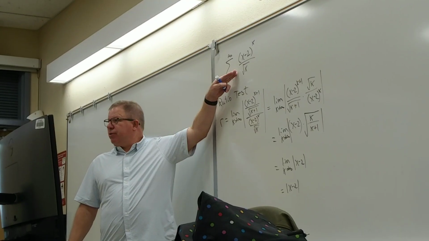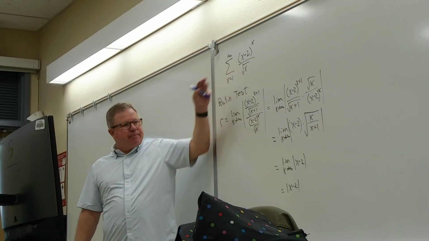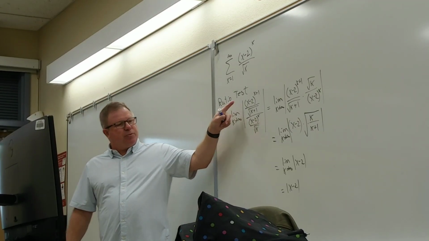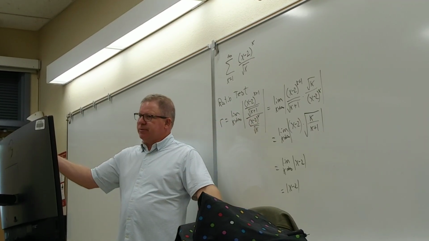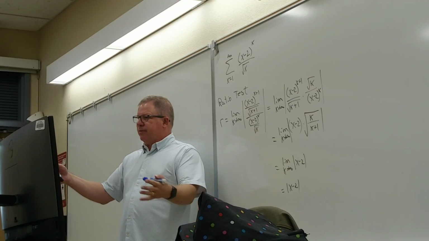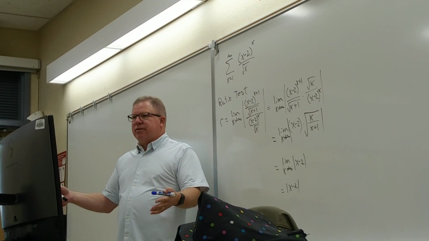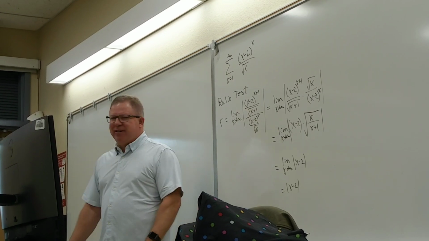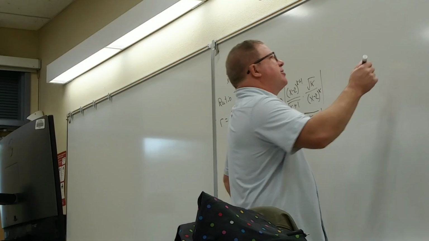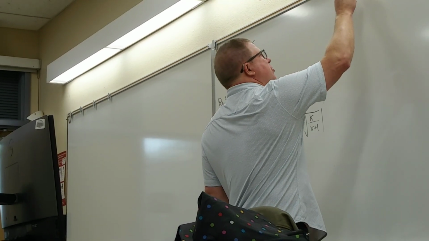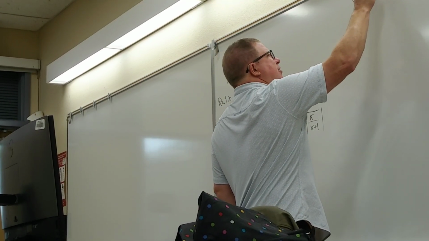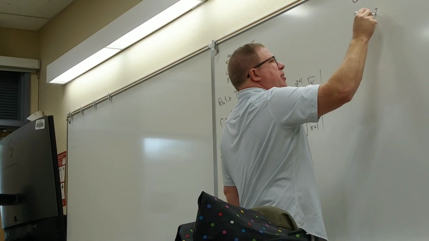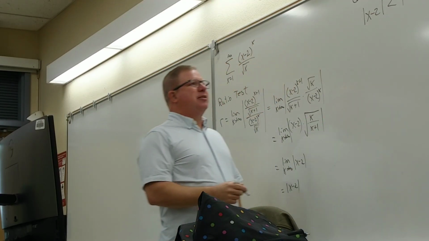Some values of x make it converge, some don't. Okay? So the ratio test converges when this limit is less than, what's it say on the sheet? Less than 1. Oh, yeah, you're making it hard again. Less than 1. So converges when absolute value x minus 2 is less than 1.